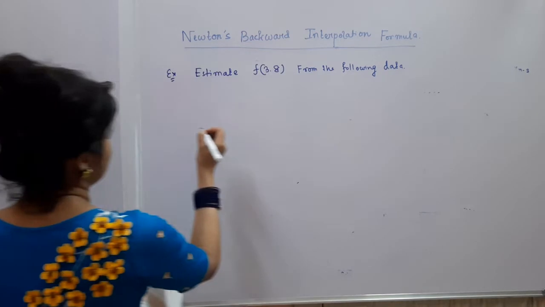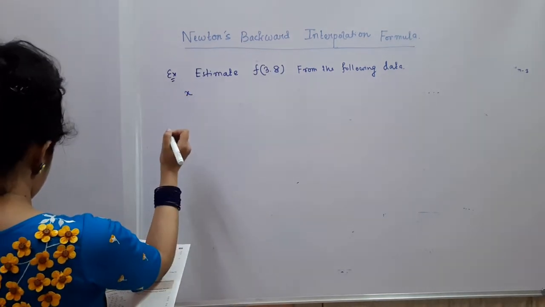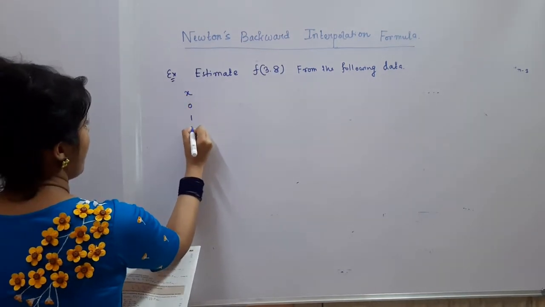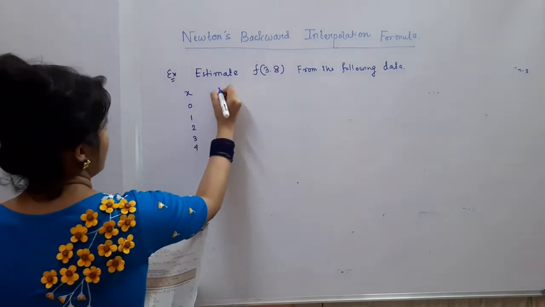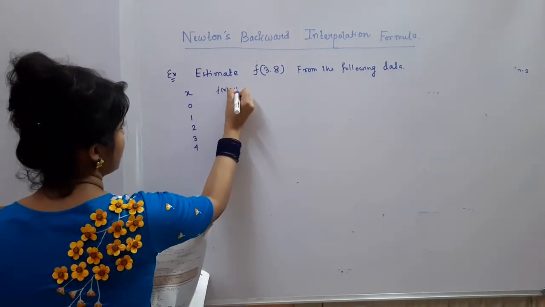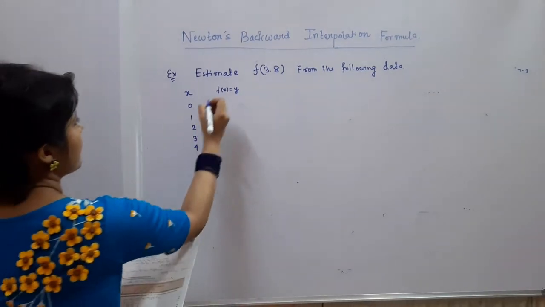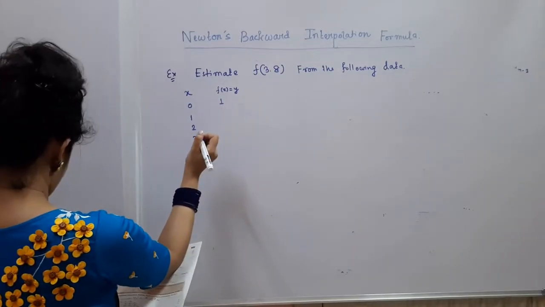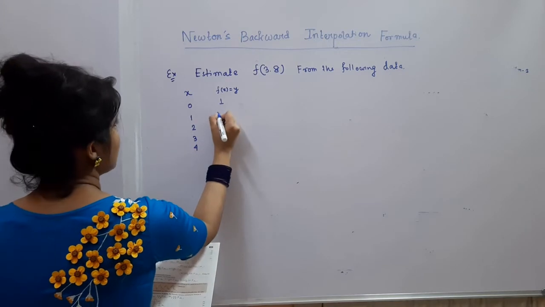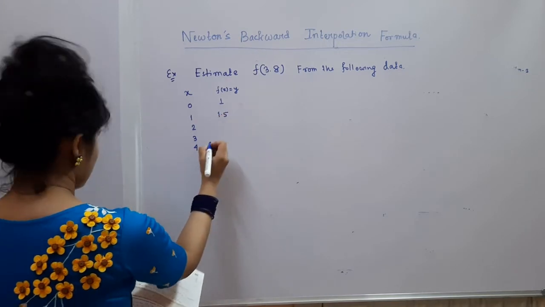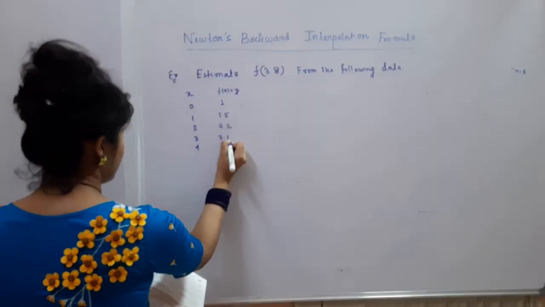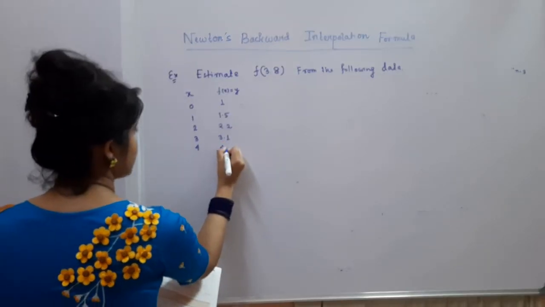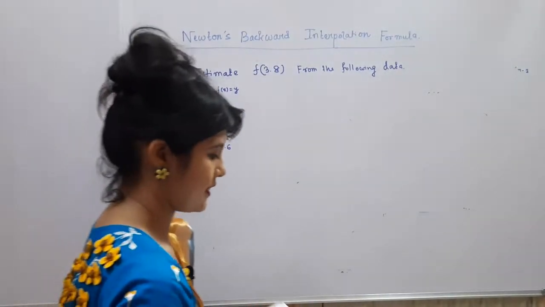Here x is given as 0, 1, 2, 3, 4, and f of x means clearly y. The corresponding values of y are 1, 1.5, 2.2, 3.1 and finally 4.6.